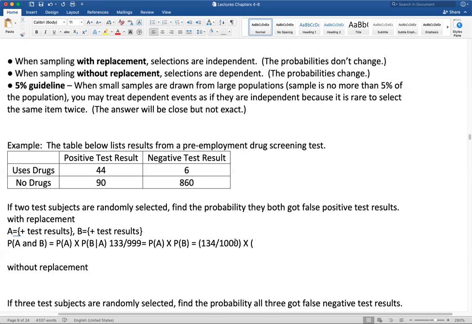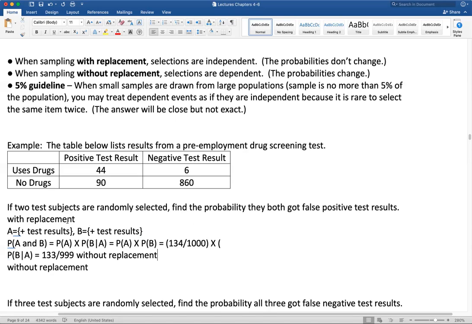Okay, so that's going to be a conditional probability without replacement.